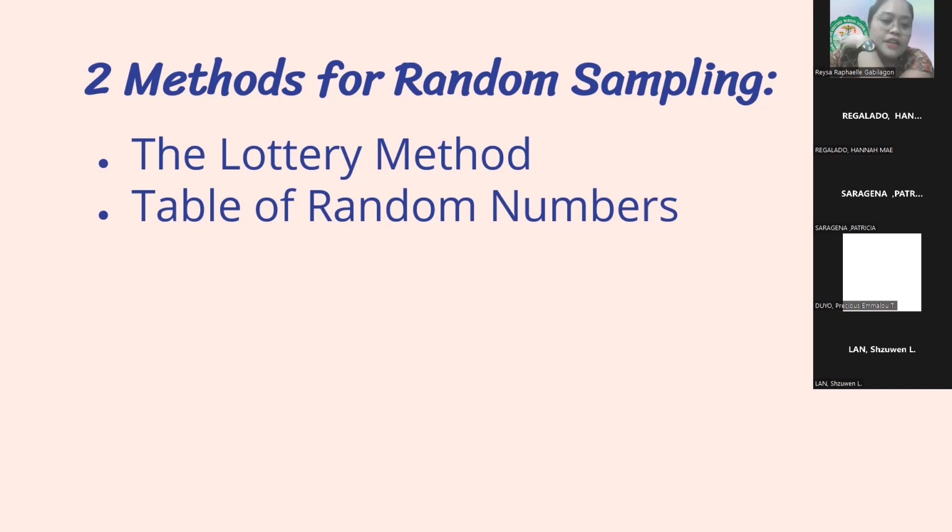Some of them actually use a table of random numbers. Just like what I said a while ago, there will be a list of all the members of the population, assign numbers to them, and then this time it will not be drawing lots, but we place the numbers in a table, and you may have someone choose which number to pick. So you won't see who the person behind that number is.